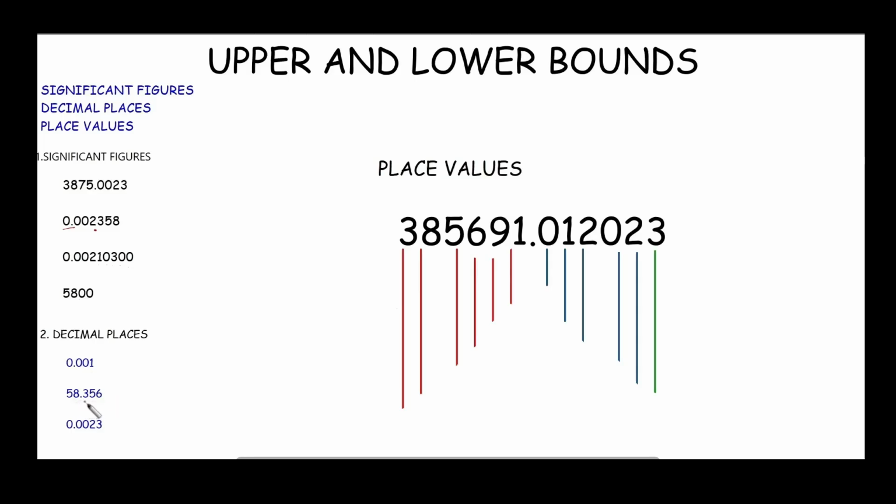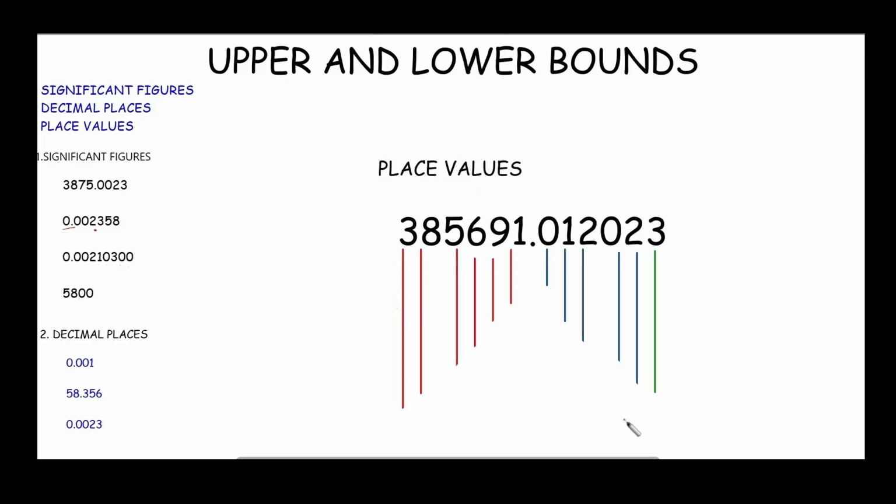Here the first decimal place is right after the decimal point, which is 3. In this case, 0.0023, the first decimal place is 0. No matter whether you are getting leading zeros or not, if we are getting anything right after the decimal point, we count it as a decimal place. That is all about decimal places.